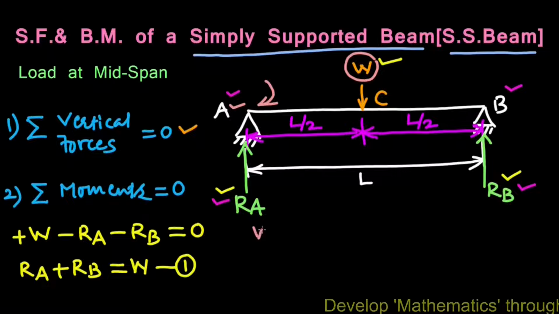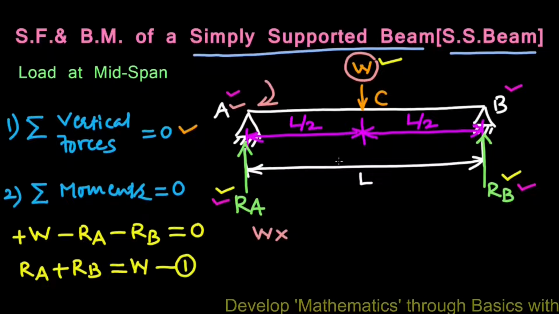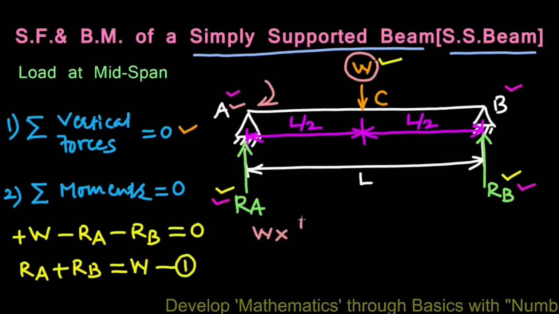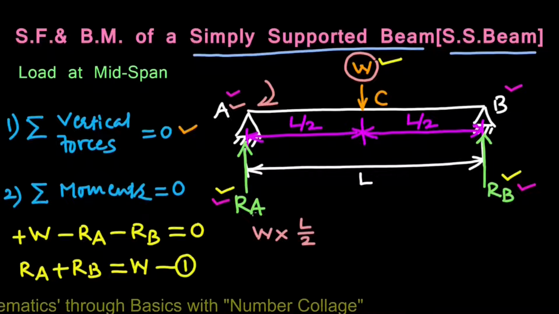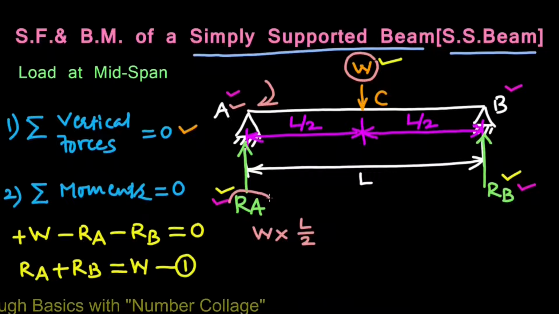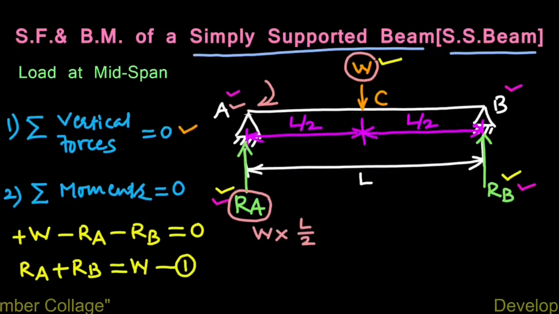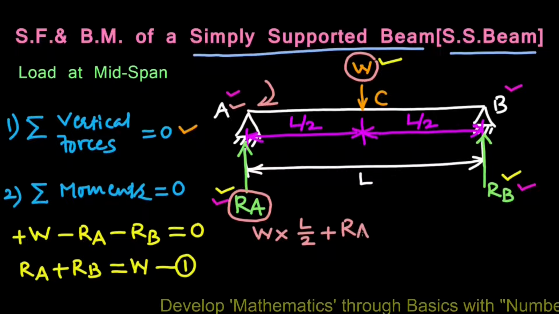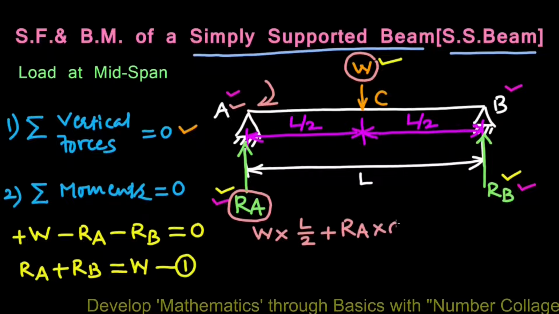So we write W multiplied by its distance from point A, which is L upon 2. Next, moment of reaction RA, which is passing through the point A about which we are taking the moments, will be 0 because its distance from point A is 0.